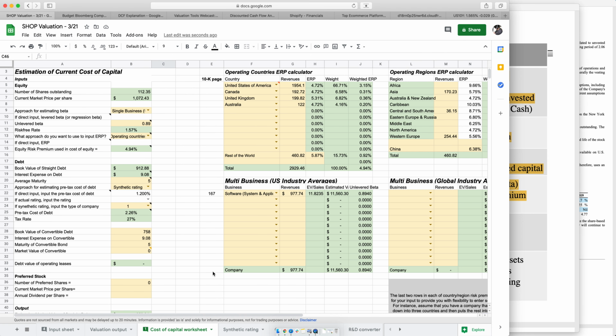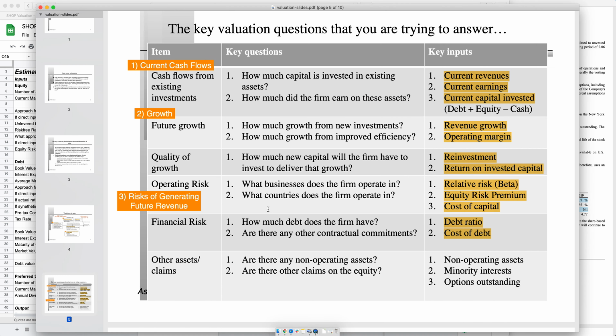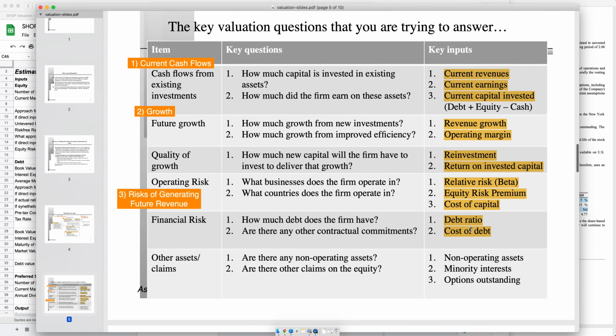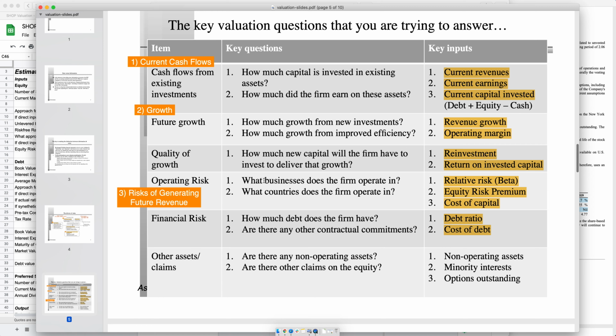Okay, so as we talked about, operating risk, there are a couple of different things that factor into the risk level for your company. It includes what businesses you operate in, so what industries you are in. In this case, we only work in software, so that's just one business. And also, what countries does your firm operate in?